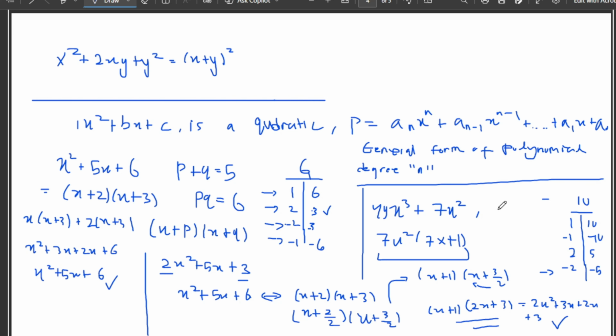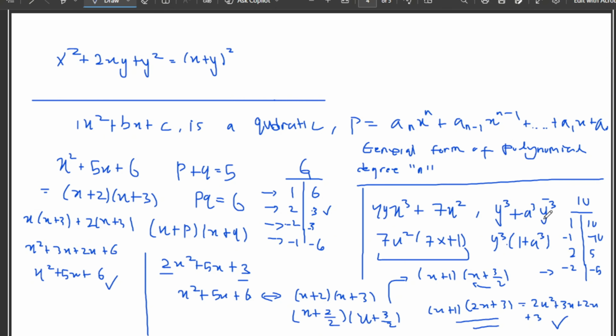Another example would be, say we have y cubed plus a cubed y cubed. This would become y cubed times 1 plus a cubed, right?